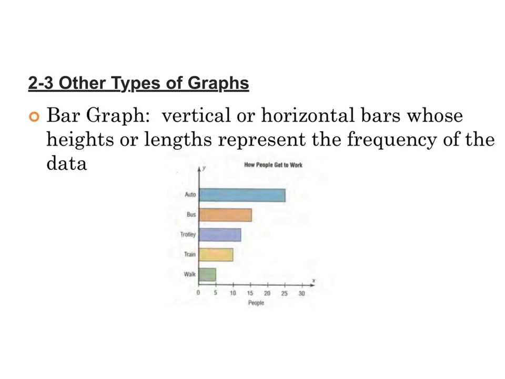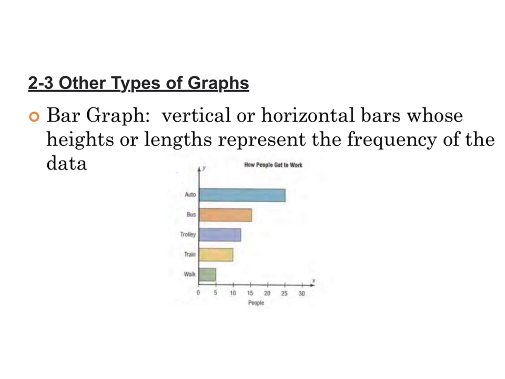Obviously this is in an area that has a train and trolley to get to work. It's not going to really work here in Fort Myers. If you try to take the train to work, I'm not going to end up here. Okay? So that's one example of a bar graph.